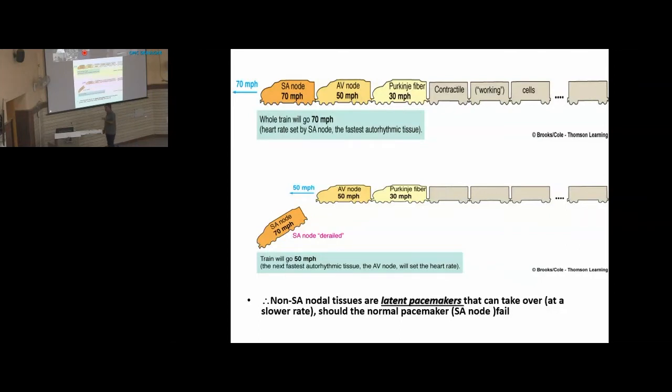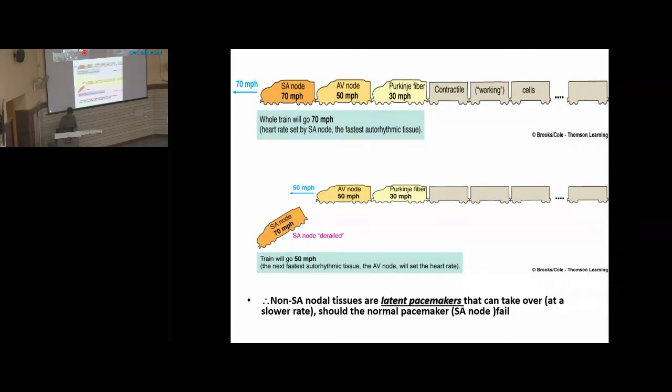But what will be the difference? The difference will be in the heart rate. The heart rate will be slowing down, decreasing from 70 to 80 down to maybe, if the Purkinje system is generating the impulse, only 20 to 30 beats per minute.